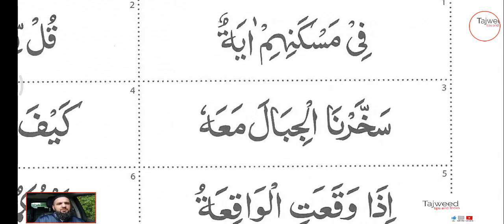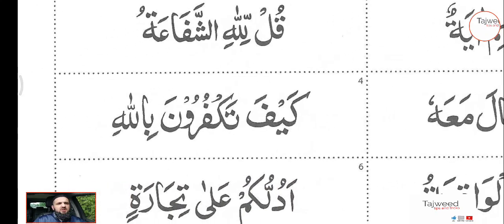So on this example, ma'ahu, that stretch upside down or inverted dhamma changes to a sukoon. So instead of ma'ahu, we're left with ma'ah. The ayn joins the ha. Ma'ah. Alright.